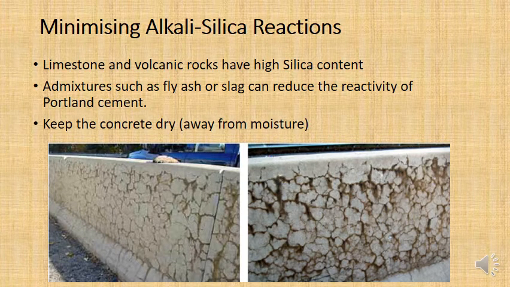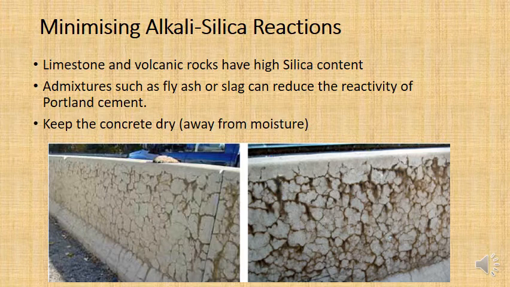So how do we avoid alkali-silica reactions? Well, we can avoid this by making sure that we actually have a cement that has very low alkali content, or an aggregate that has a very low silica content. Now, if you are using limestone or volcanic rocks as your aggregates, they tend to have very high silica content.